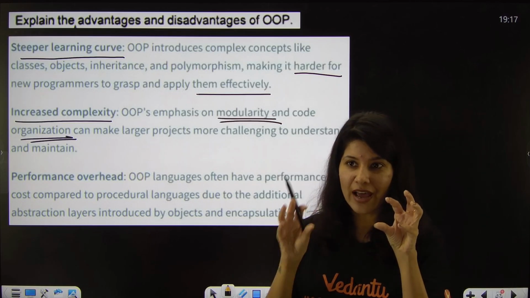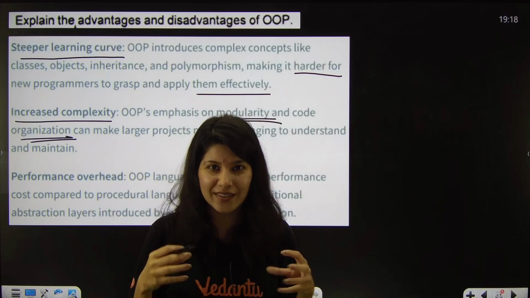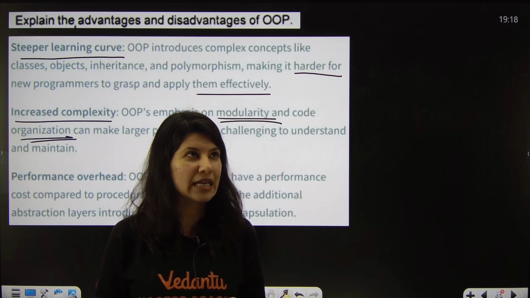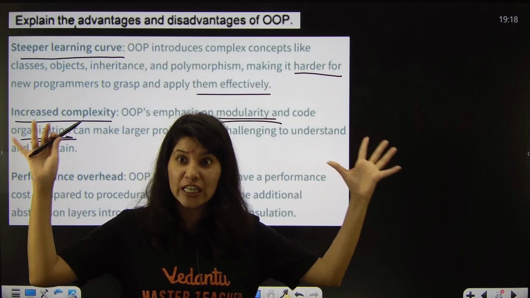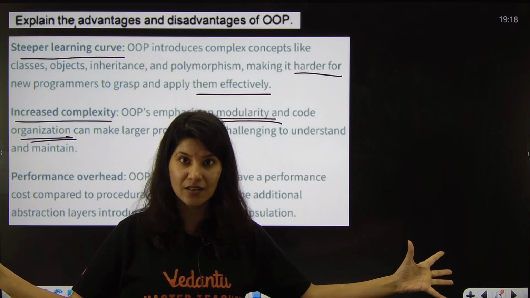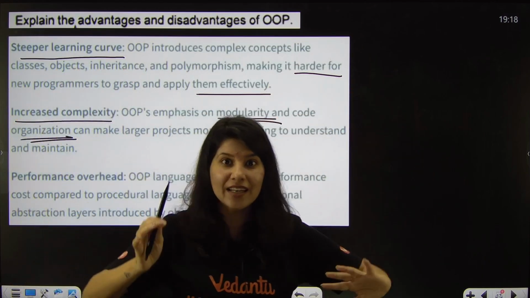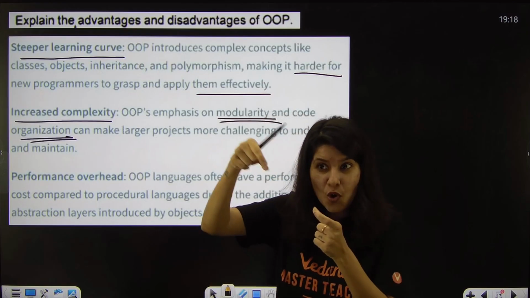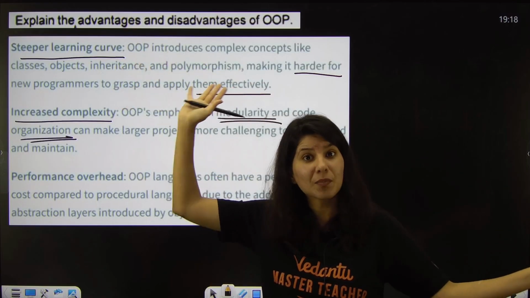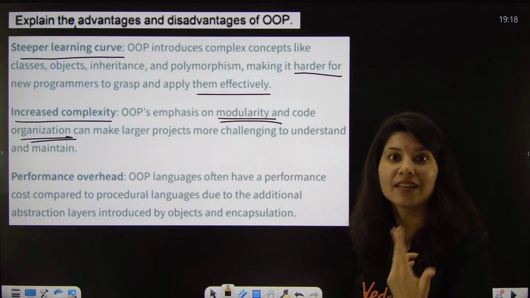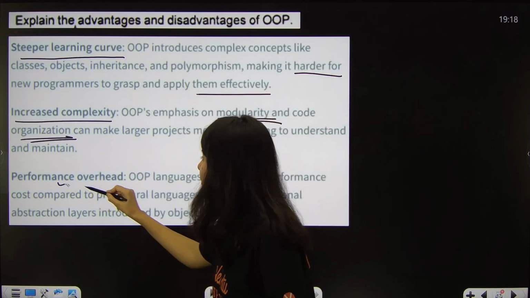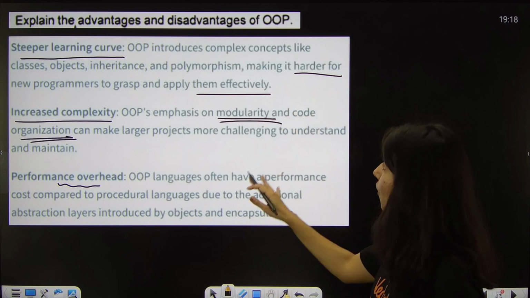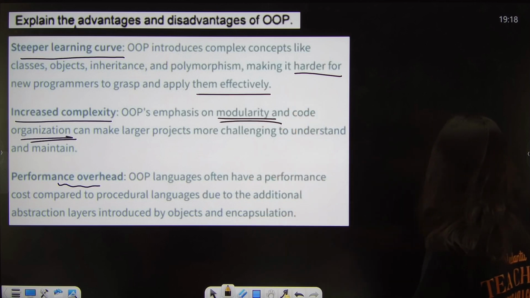See, if you have small sweater patches, and suppose you have to make a big sheet, a big tent, then just tell me, won't it be very tedious to join the small pieces and make a bigger sheet? So that is again a challenge. Performance overhead is also one more challenge of object oriented programming.